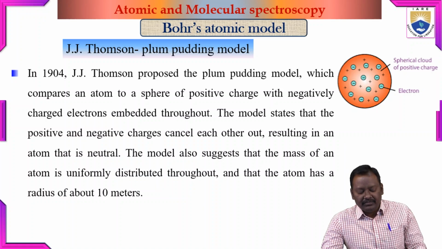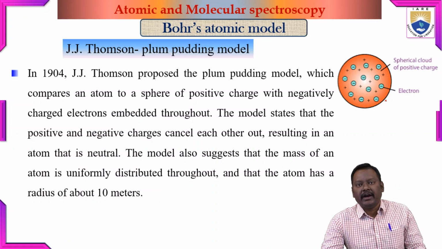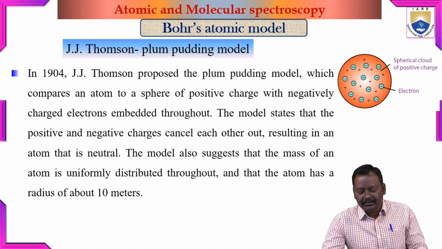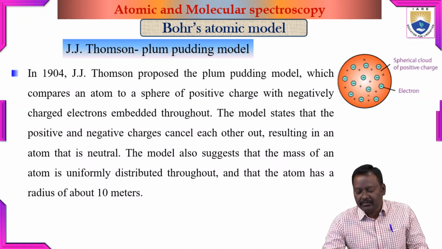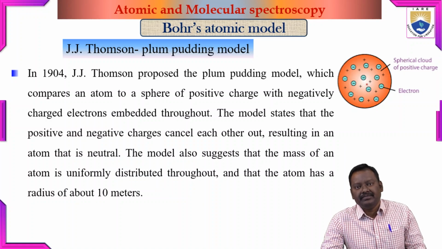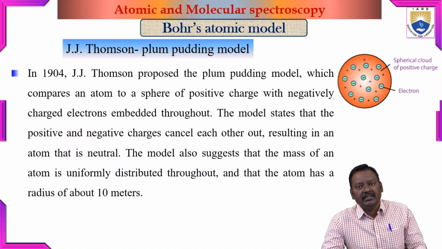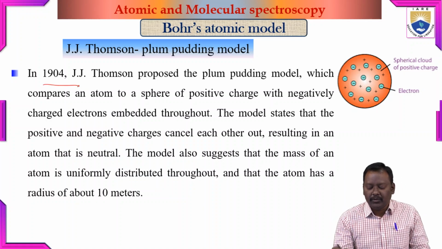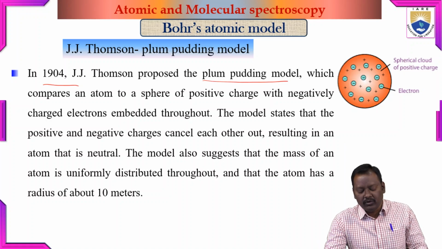Later, J.J. Thomson also gave an atomic model to discuss the structure of the atom. According to this model, positive charge is distributed throughout the atom, and the negative charges are among these positive charges. J.J. Thomson discovered the electron in 1897. After that, in 1904, he proposed the plum pudding model, also called the watermelon model.